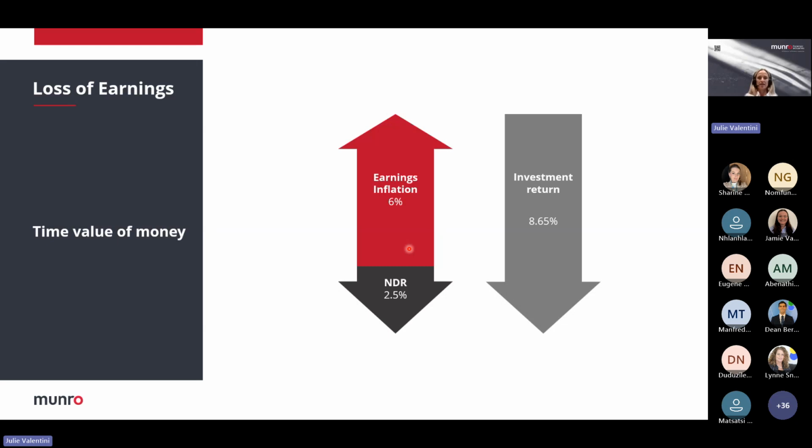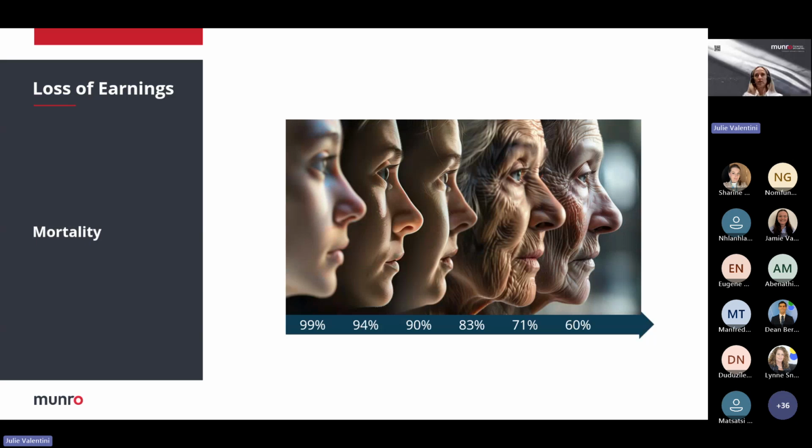The second thing that affected the future losses is the probability of survival or the mortality rates. So not everyone will definitely live until retirement age. Obviously, the older you get, the higher your chance of dying in a particular year. And there are standard life tables based on population data that indicates the probability of survival each year.